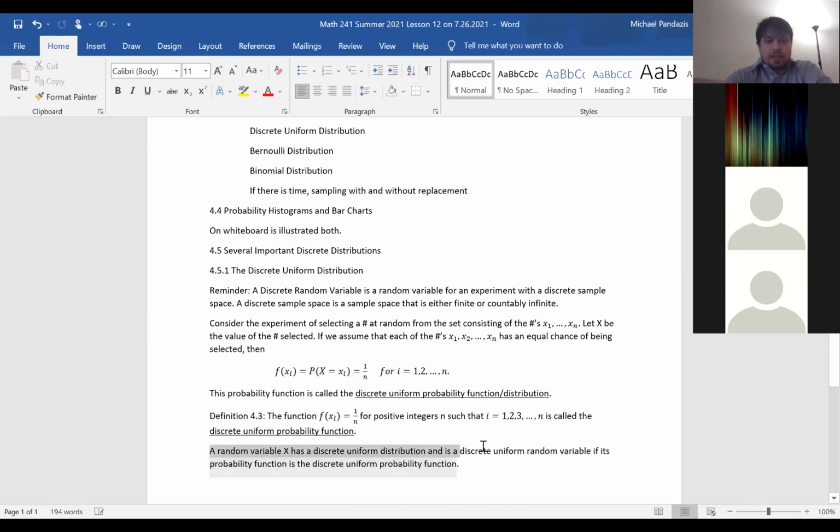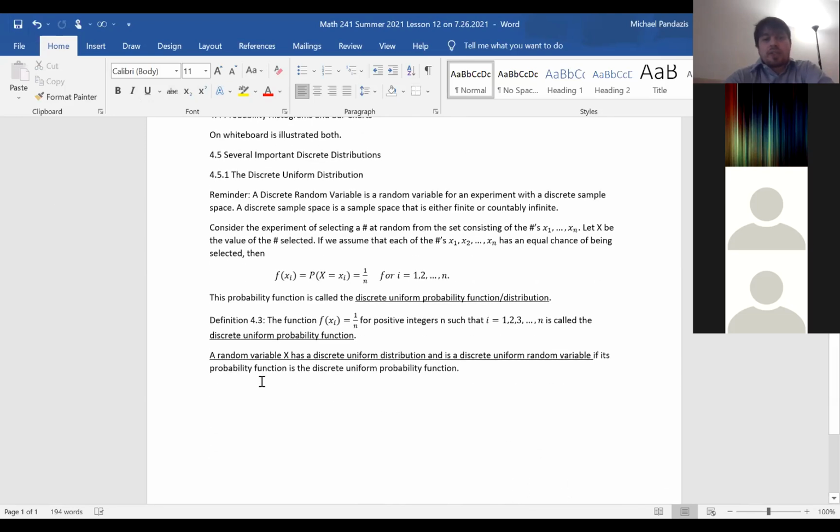So what this is defining is when a random variable X is a discrete uniform random variable. If you have a random variable X and its probability function is the discrete uniform probability function, then X is a discrete uniform random variable and it has a discrete uniform distribution. You're just looking at the probability function of your random variable.